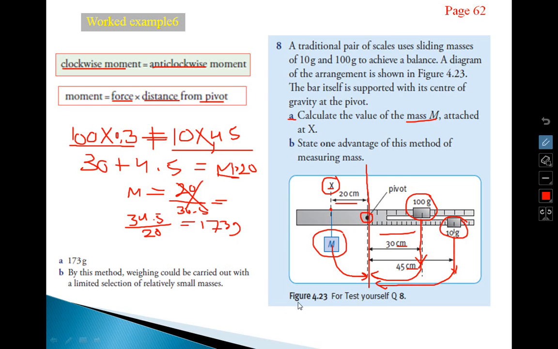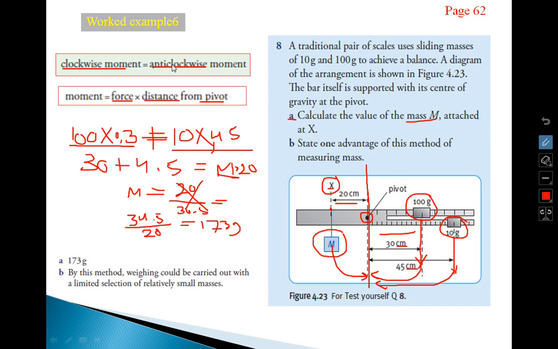So we need a mass of 173 gram to balance this scale, with a distance of 20 centimeter. So just apply the same rules here.